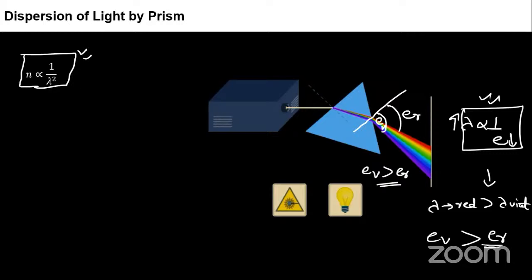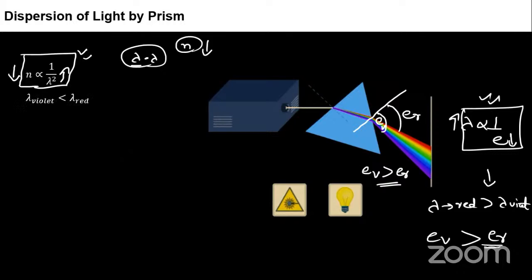It means if you increase lambda, lambda square increases by multiples, due to which there will be a huge decrement in the refractive index. You are just increasing lambda by 1, but it's getting decreased by lambda square. So your refractive index will decrease by a great amount, because it's inversely proportional.